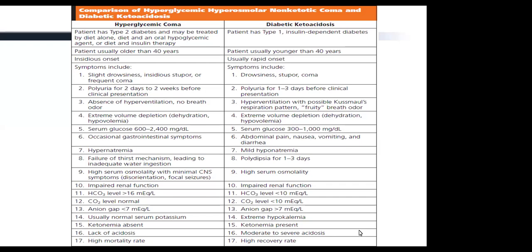I'm not aware of this, but the mechanism for erectile dysfunction in these patients is uncontrolled blood glucose levels affecting the blood supply to the erectile organs.